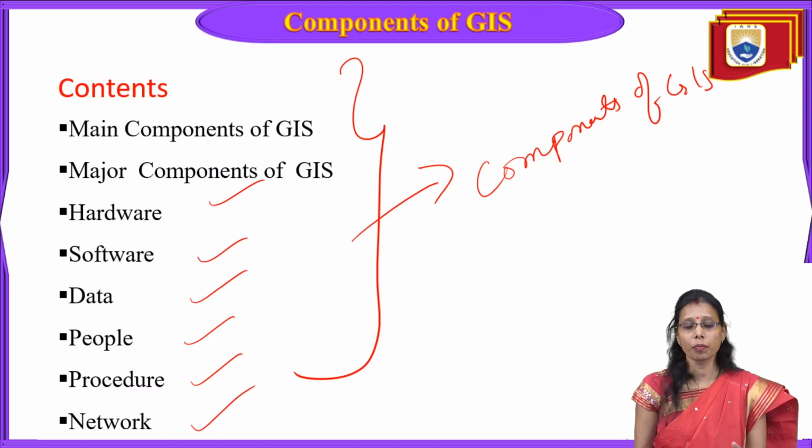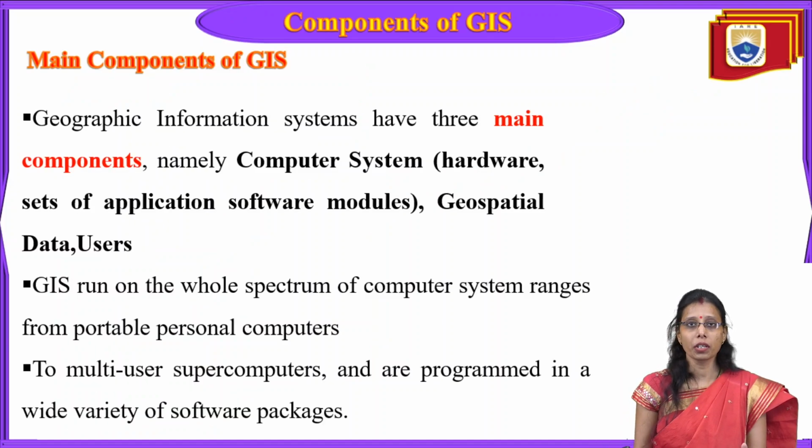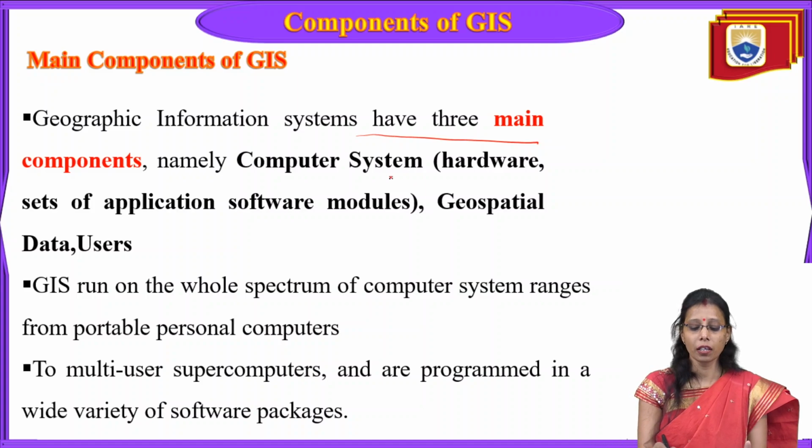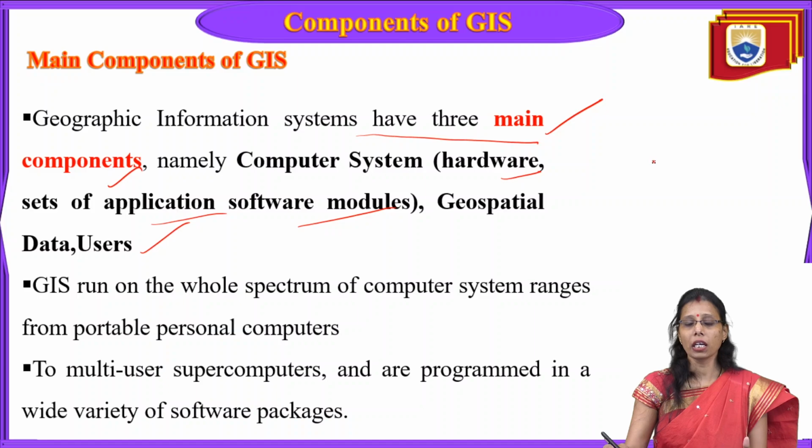There are two things, main components and major components. First let us understand the main components. Geographic Information System has three main components, namely the computer system, that is hardware, sets of application software modules, and geospatial data users. These are the three things we mainly talk about when we talk about GIS.